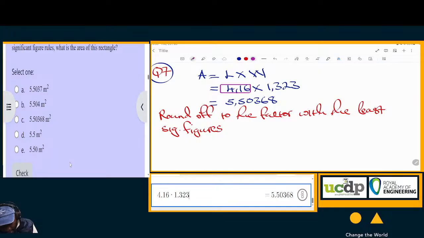So when you round off this value, your answer becomes 5.50. So you've got 3 significant figures. That 0 is coming after a decimal point and after a significant figure, therefore it is significant. So this becomes your answer.